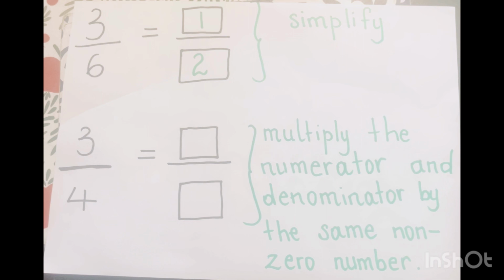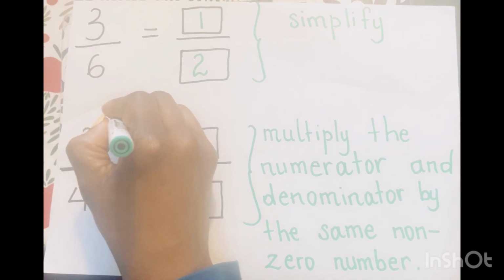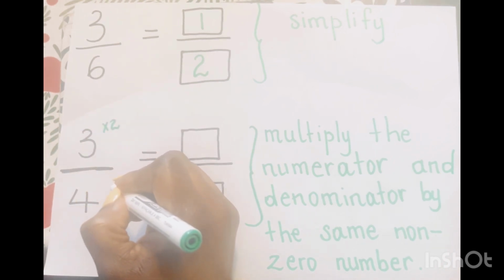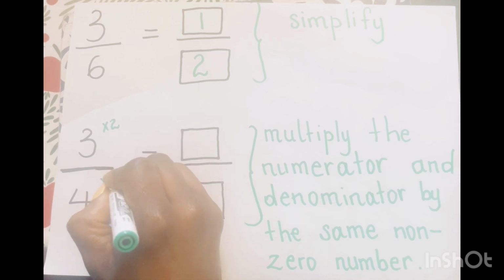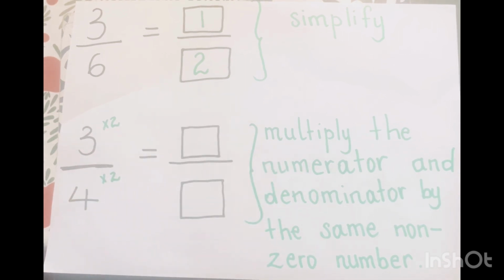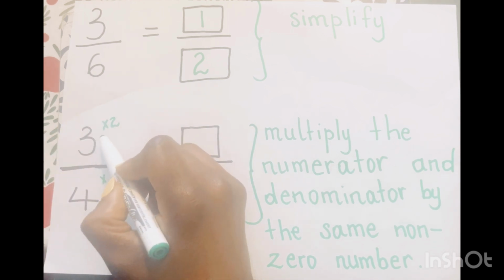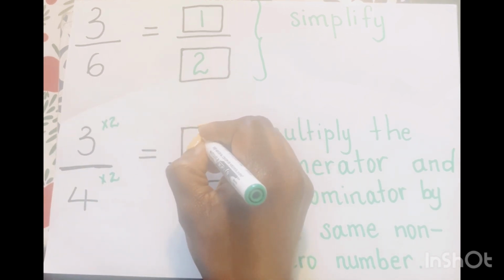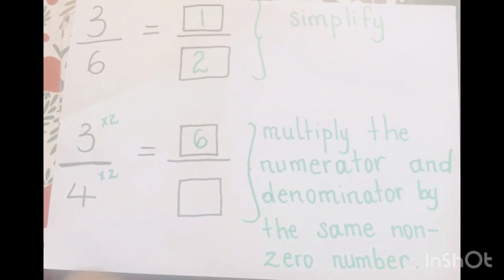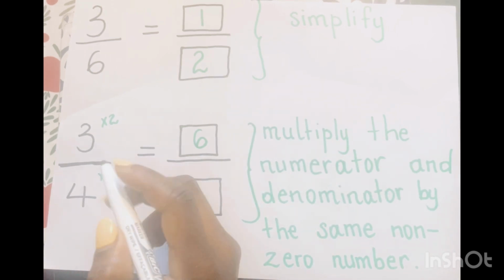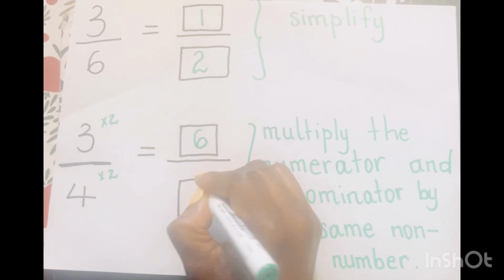Okay, so same thing we're doing for the top, we're going to be doing it for the bottom. Same thing we do for the numerator, we're going to be doing it for the denominator. So here we go. We're going to multiply 3 by 2 and 4 by 2. 3 multiplied by 2 gives us 6. 4 multiplied by 2 gives us 8.